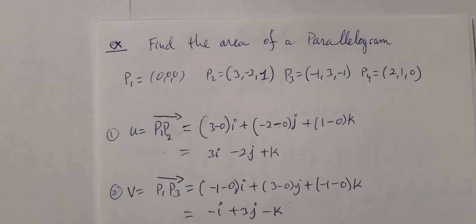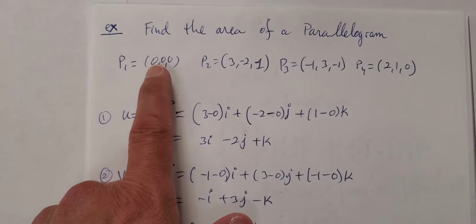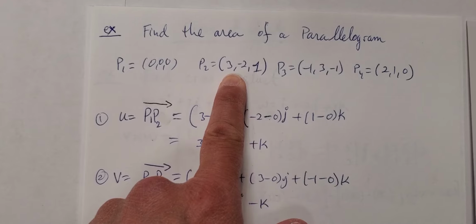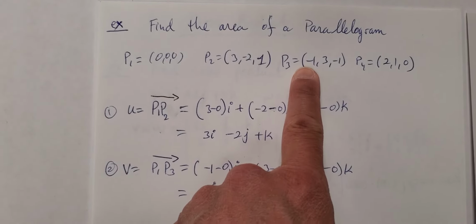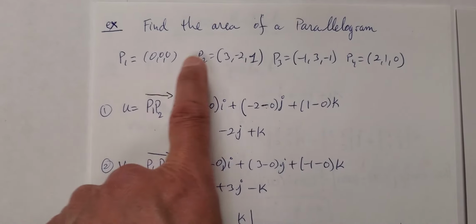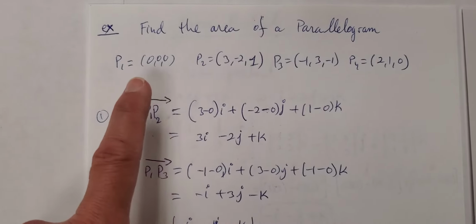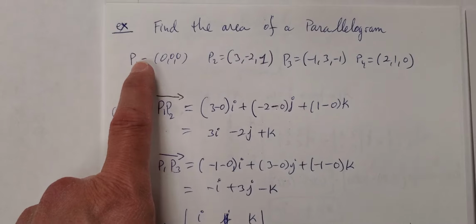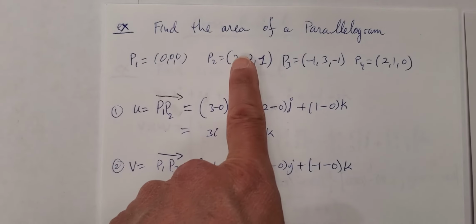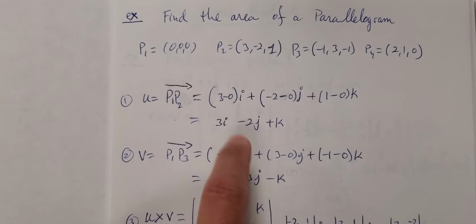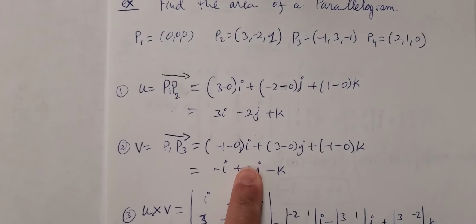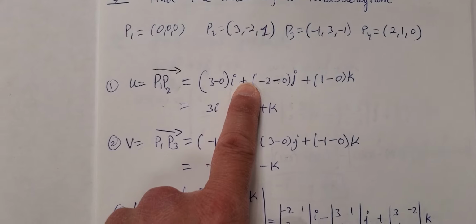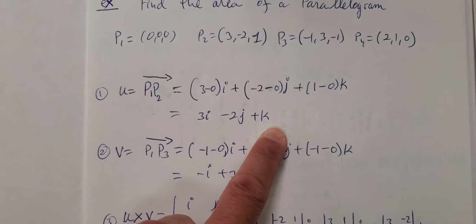So the first thing we need to do is find a vector from point 1 to point 2, and find another vector from point 1 to point 3. Given 4 points, that's here.